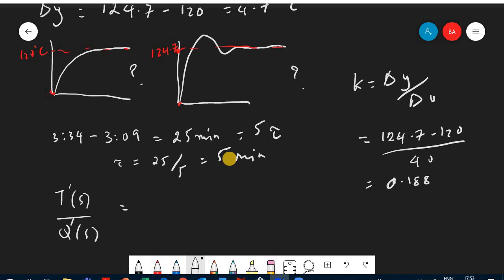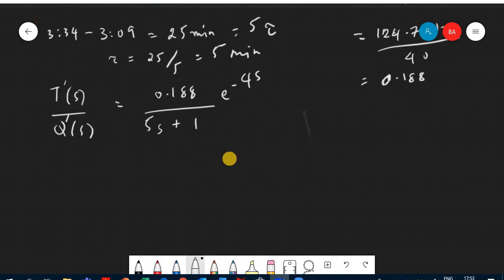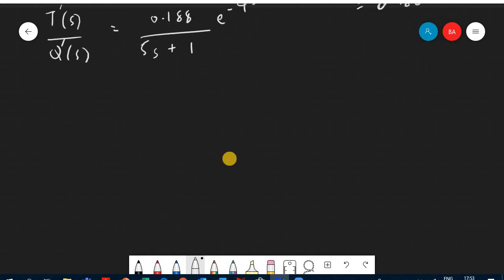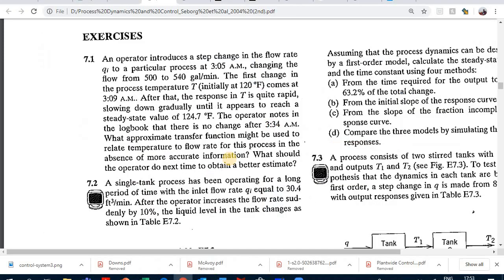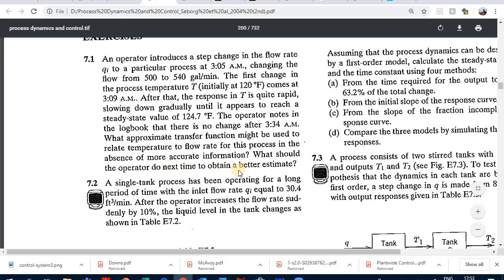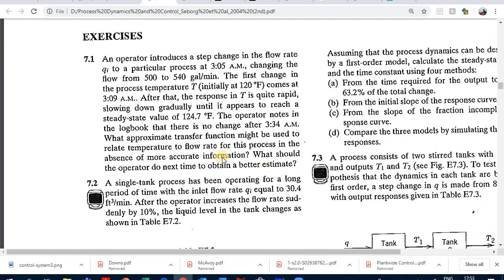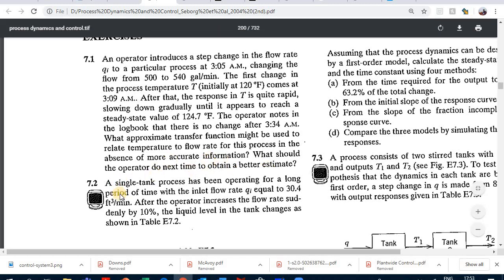By that I have my transfer function, K over tau S plus 1, times e to the power of minus theta S. Very easy and straightforward, and I have my system here. That is the first part. It's asking what you need to do to get a better estimate. Of course, we need more data to get a more accurate estimate. Okay, great.